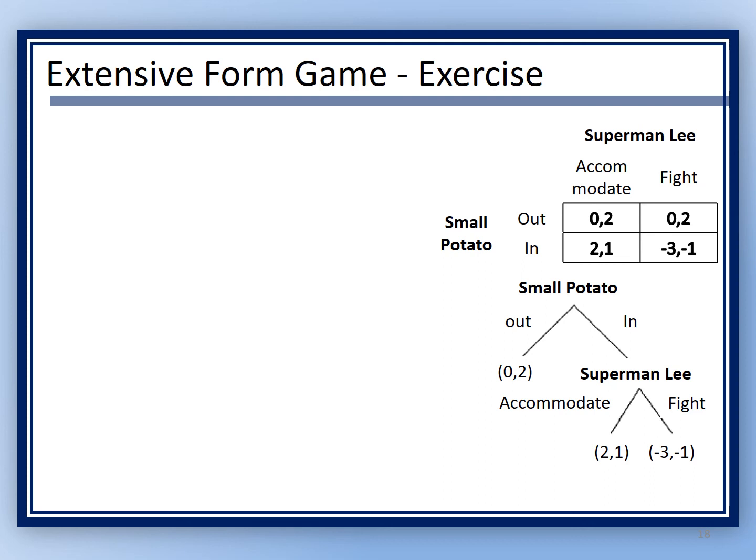Superman Lee has to consider whether to fight back if Small Potato does enter, but fighting is costly. Find the Nash equilibrium in the normal form game, and find the subgame perfect equilibrium in the extensive form game. So you have two tasks to do. Find the normal form game, which you do with the method that we have talked about.